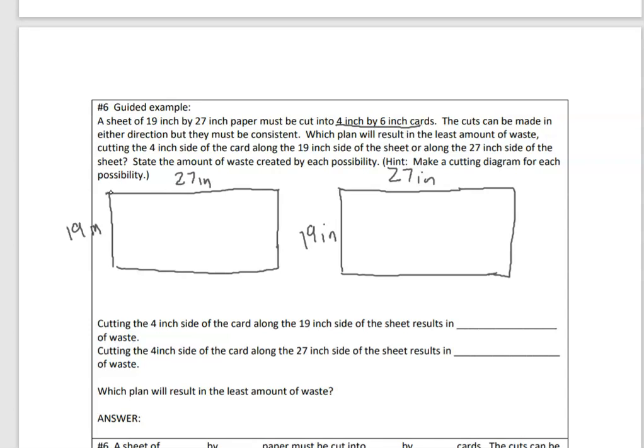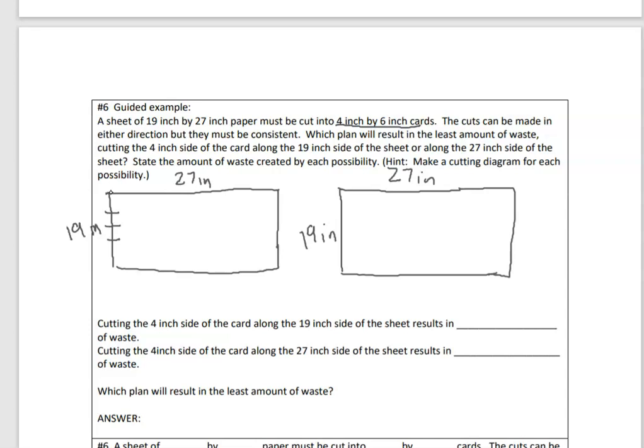So when you think about it this way, 4 will go into 19 4 times with 3 left over, right? Because 4 times 4 is 16, and so if I wanted to get to 19, I would have 3 left over. So I'm going to divide this into 4s.